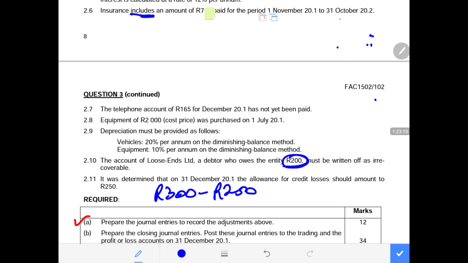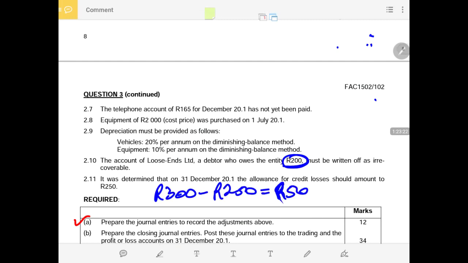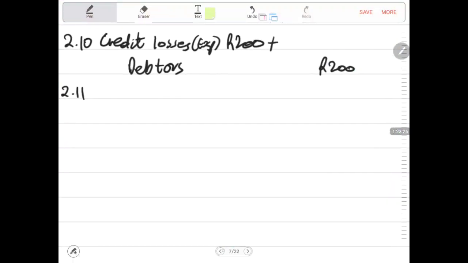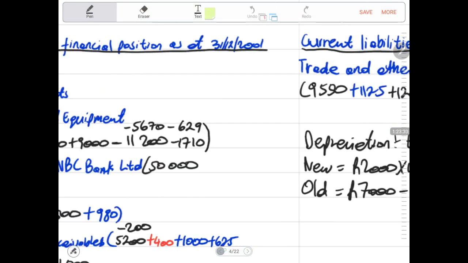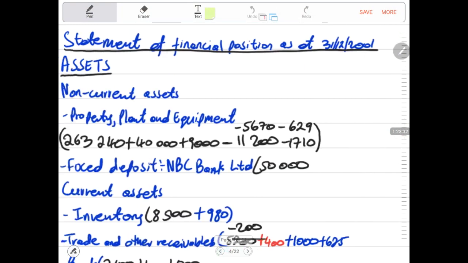And this was acknowledged already. So now, if it decreases, then 50 rand must be deducted from our expenses, meaning our credit losses will have to decrease by 50 rand because we have overstated the estimate of our credit losses.